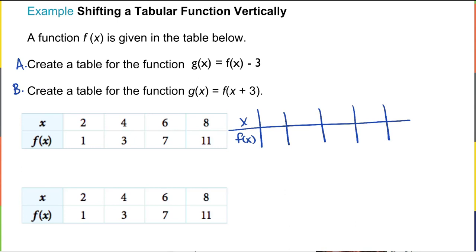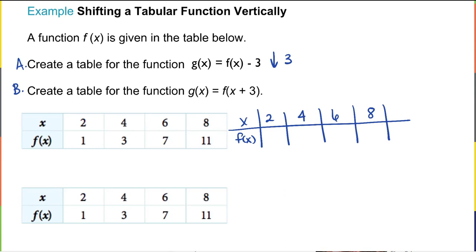Okay, so we're going to do a vertical shift. We're going to go down 3. So that means we're going to subtract 3 from each of our y values, or f of x values.